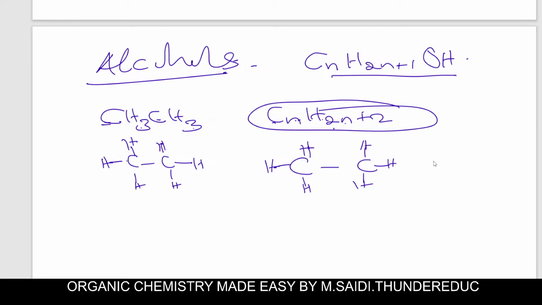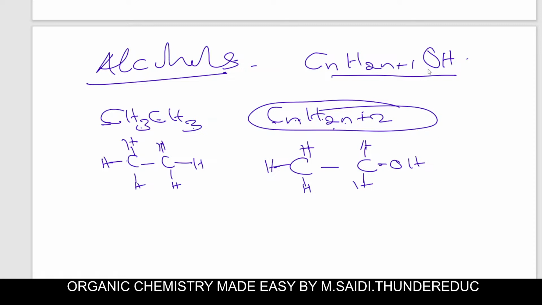I say that one hydrogen has been replaced with OH. So I remove this hydrogen and now I replace it with OH. Now it is an alcohol, it is not an alkane anymore.